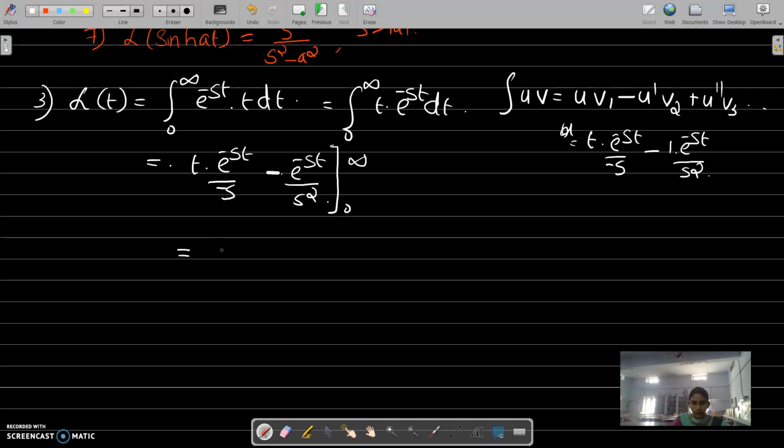Here also give the limits 0 to infinity. What will come? Minus 1 by s into infinity into e raised to minus infinity minus 0.